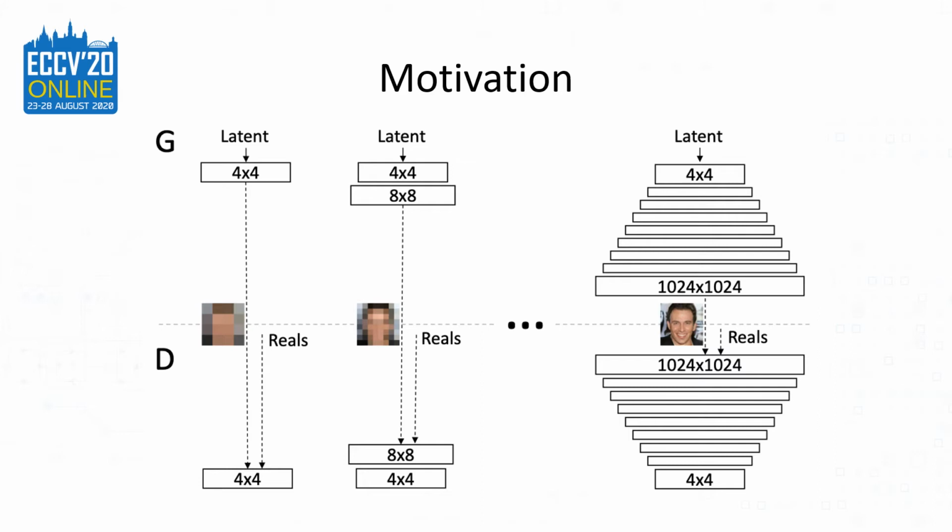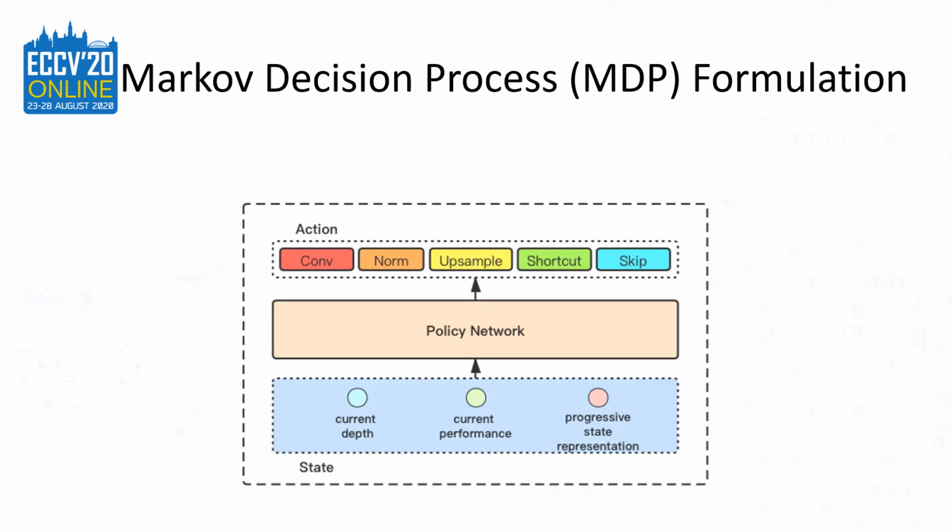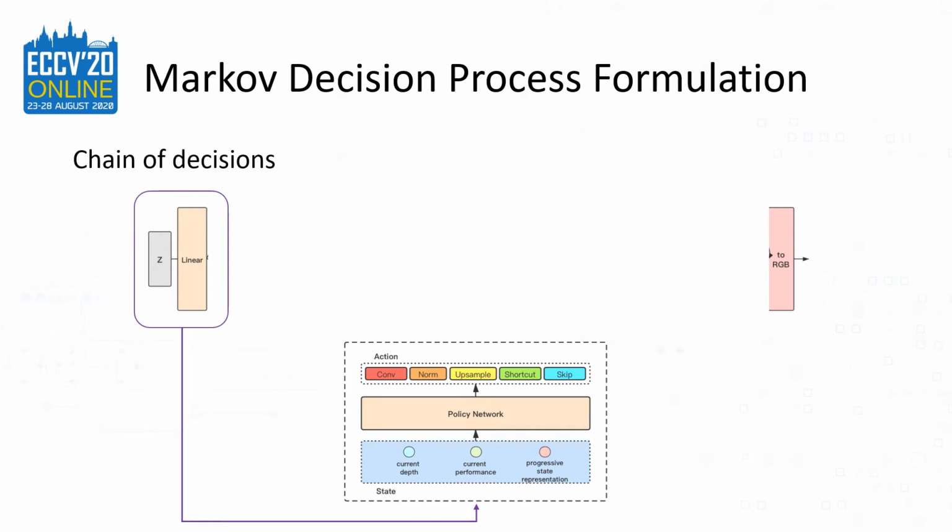An MDP is a discrete-time stochastic control process, and at each time step, the process is in some state, and its associated decision maker chooses an available action based on the state. Given the action, the process moves into a new state as the next step. So here is the decision-making module. In each step, the agent observes the state information described by the progressive state representation.